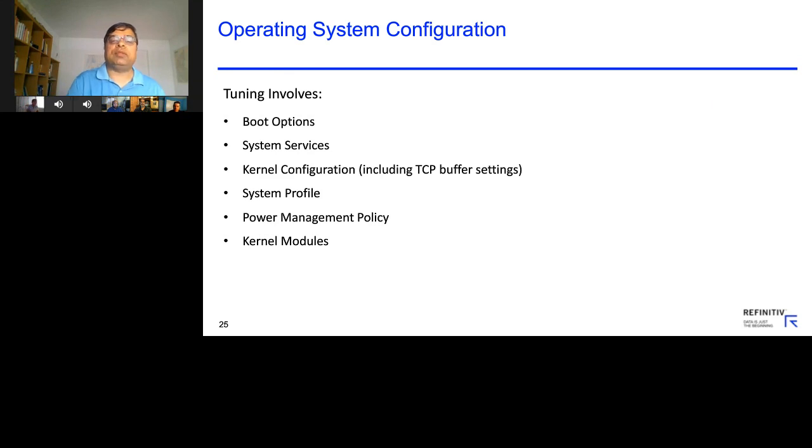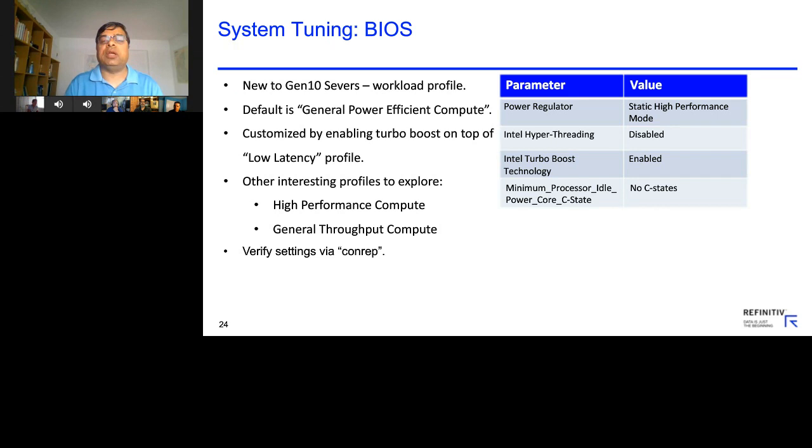But the default in this case happens to be the general power efficient compute, and that's not suitable for our workload. So we can use high performance compute or general throughput compute, and we have ended up using the low latency profile, but it doesn't use the turbo boost. So you can do the customization. You can use these workload profiles as a baseline, and you can customize on top of that.